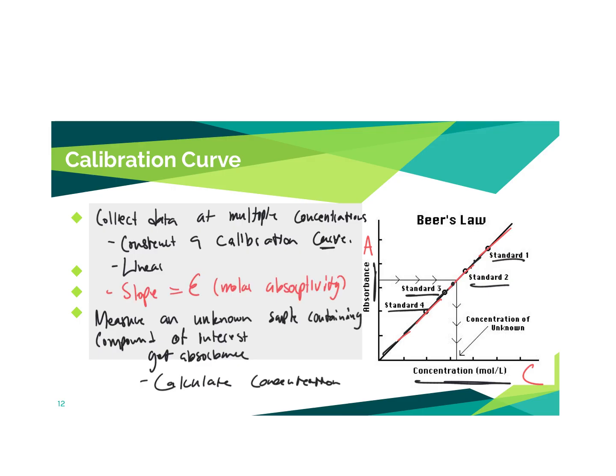So I have an unknown solution, but I have a calibration curve of that solution absorbing a particular wavelength of light. I can figure out how much or what concentration of my compound of interest is in that solution, and that's why we really care about this relationship.